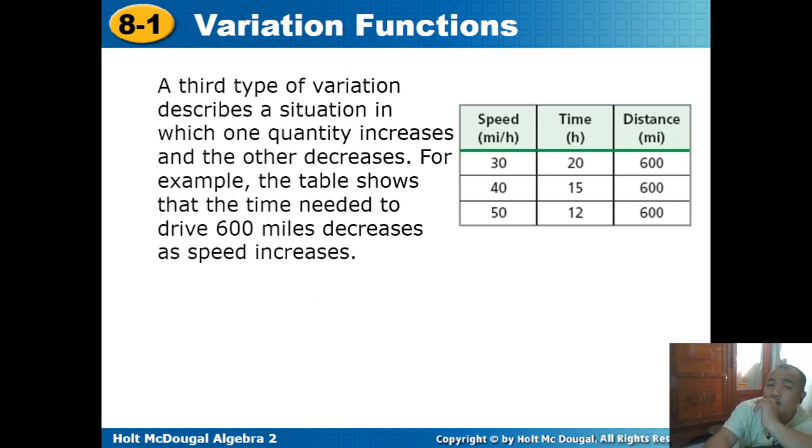The third type of variation describes a situation in which one quantity increases and the other decreases. For example, the table shows that the time needed to drive 1600 miles decreases as speed increases.